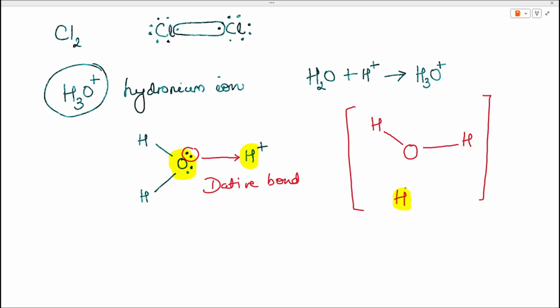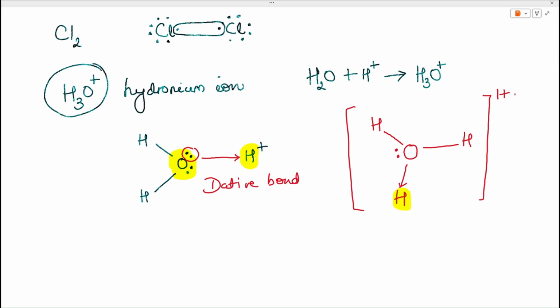Here also a regular covalent bond, but over here the oxygen, out of the 2 lone pairs, shared 1 pair of electrons with the H+, and it still has a lone pair of electrons. And just because it is a polyatomic ion, we have to make sure that outside the bracket we put a 1+ charge, indicating that this polyatomic ion is formed by a net loss of 1 electron.